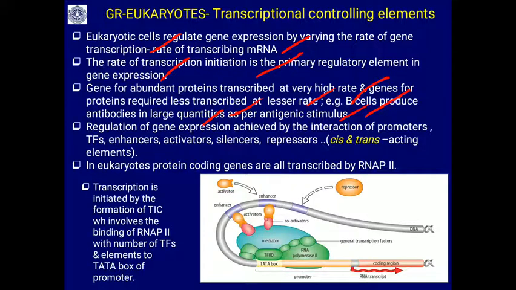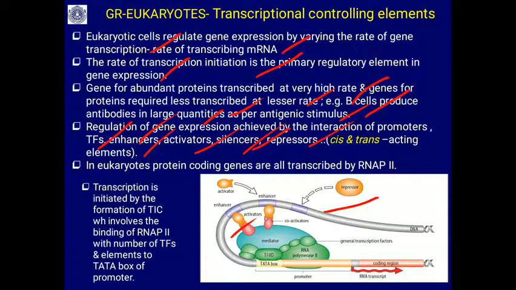So the regulation of gene expression is achieved by the interaction of promoters, transcription factors, enhancers, activators, silencers, repressors, so cis and trans acting elements. The repressors will down regulate the transcription. The activators and enhancers increase the gene expression or transcription rate.